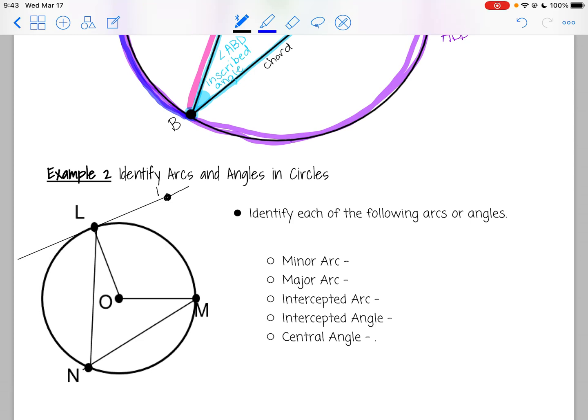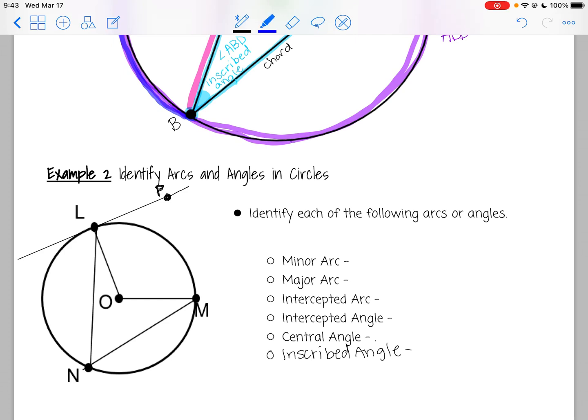I'm just going to name it P so that I can get some names of these different things. I'm also going to add another vocab term down here, and that's going to be an inscribed angle. So we're going to identify some of these pieces based on the diagram that we're working with.